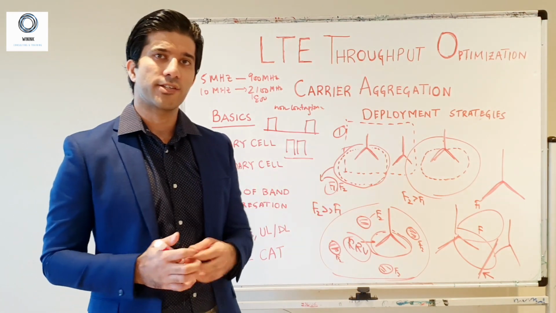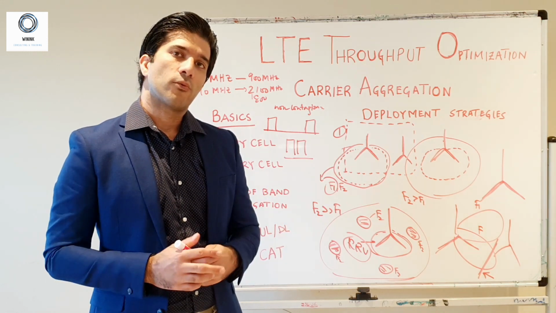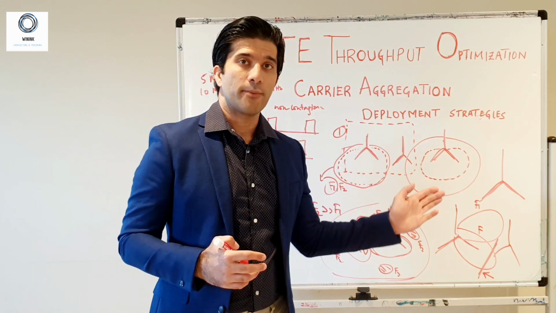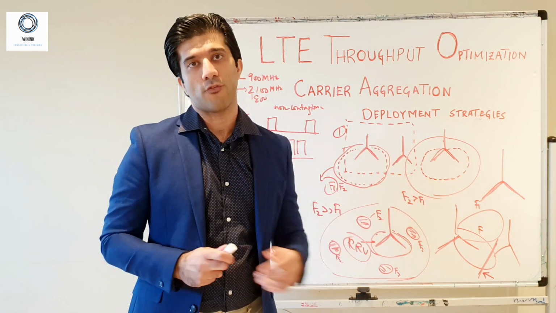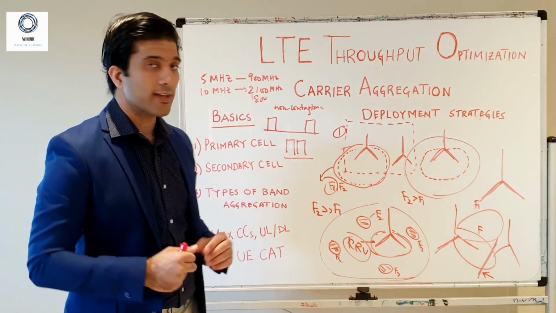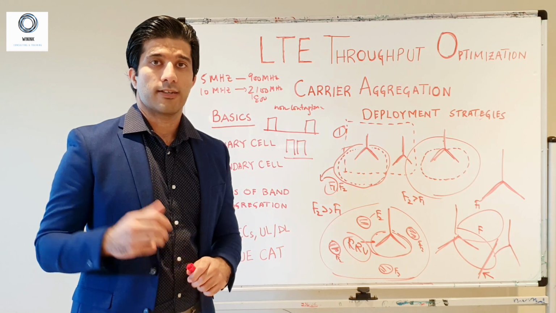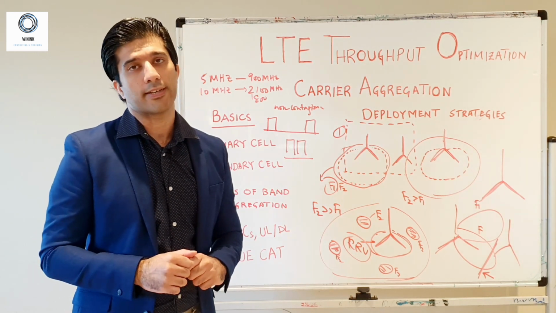And the fifth strategy can be via using relays, where you provide the relay based coverage to enhance the coverage of one of the component carriers. So this is how you deploy carrier aggregation and how you optimize coverage and capacity through carrier aggregation.